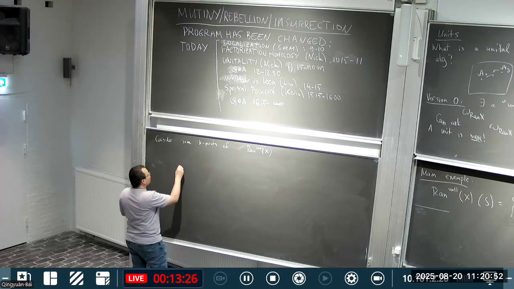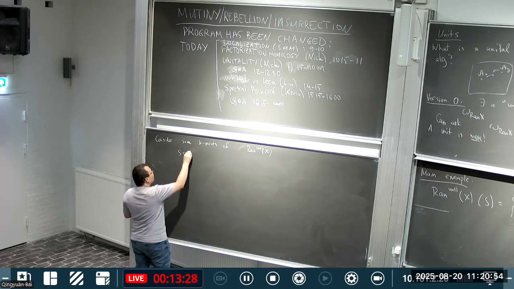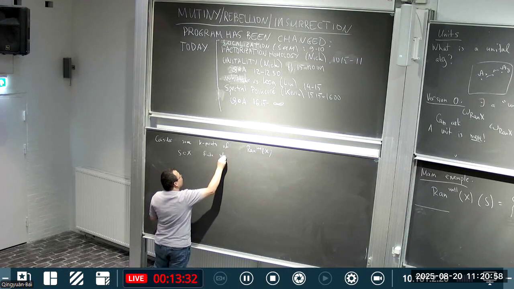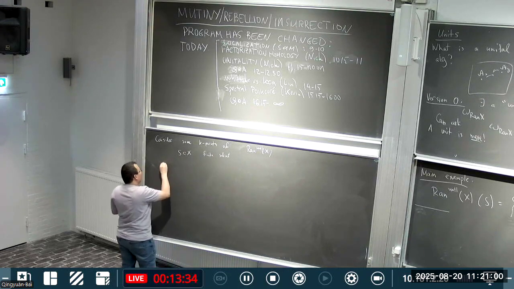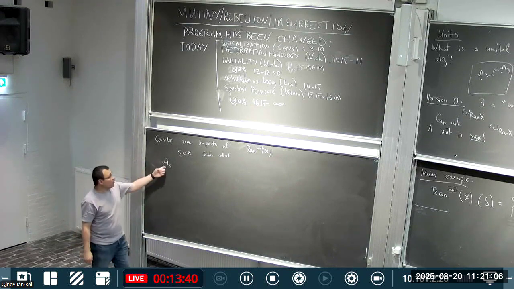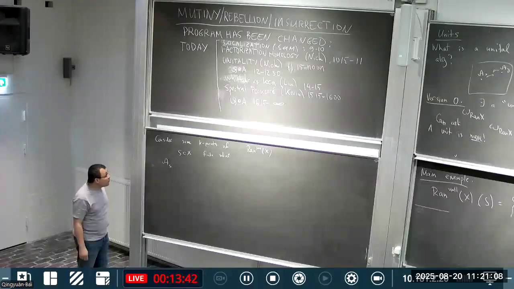For any finite subset, we're supposed to get A sub x. So this is just a tensor product of the corresponding points.